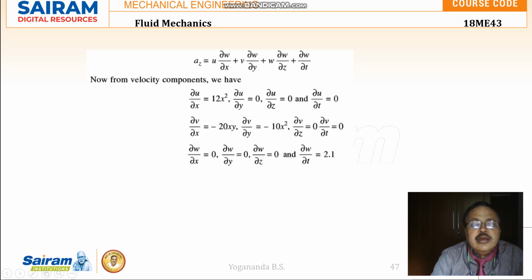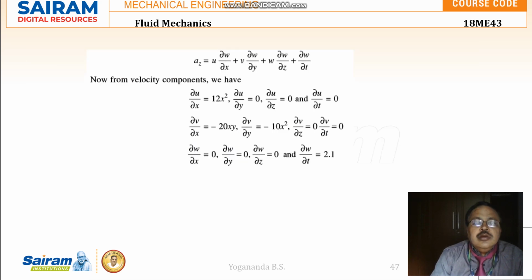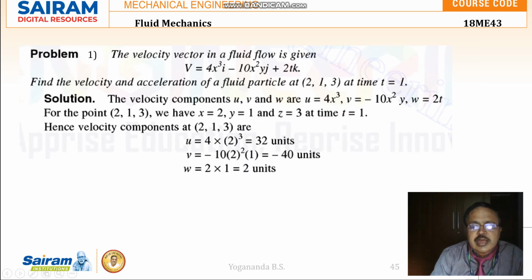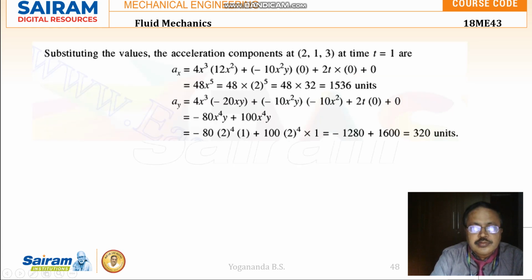Then we have w, which is 2t. We don't have x, y and z in w, so the partial derivatives of w with respect to x, y and z will be zeros. W is equal to 2t. Differentiating w with respect to t is 2, so del w by del t is 2 into 1, that is 2.